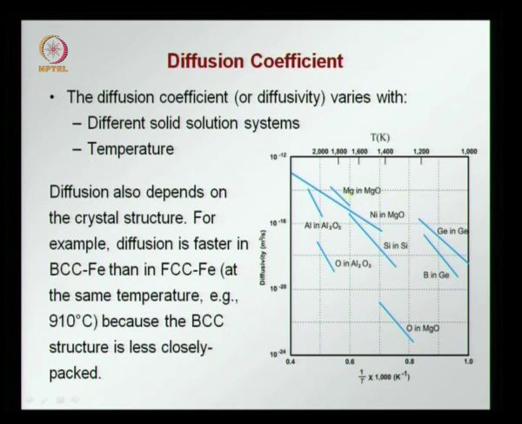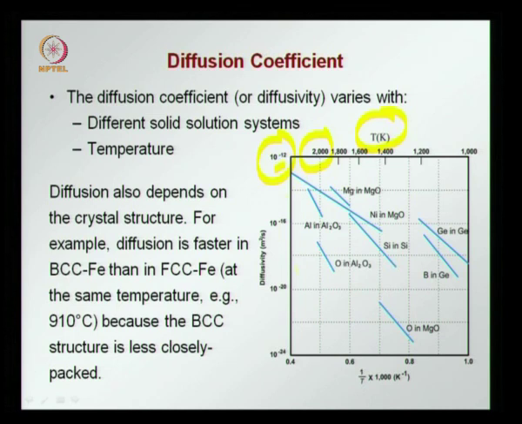For example, this is magnesium diffusing in magnesium oxide, nickel diffusing in magnesium oxide, and you find the values are very different, and you find that all of them are sloping such that the higher the temperature, the higher is the diffusion. On the y axis here we have diffusivity, and we find that the values are higher when the temperature is higher. So, the higher the temperature, diffusion occurs faster, there is more diffusion.